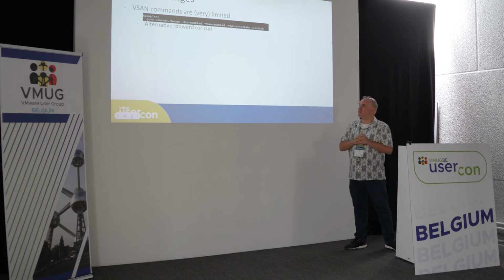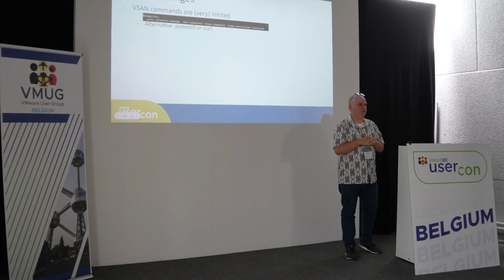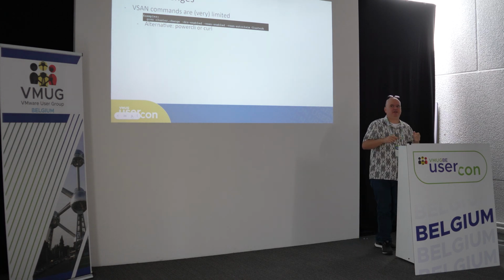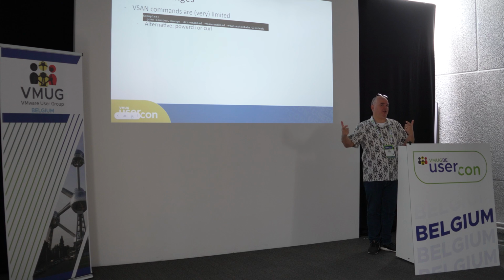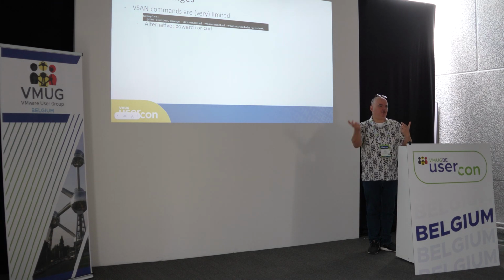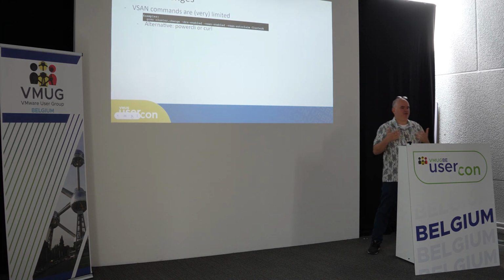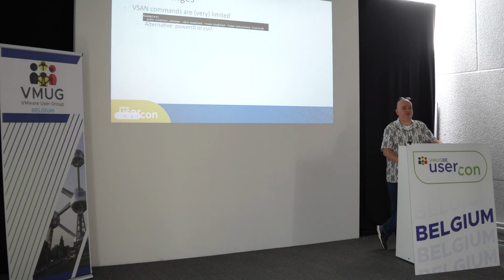The support of vSAN is very limited, today at least. Back in the day, they did add some vSAN features to enable it and then use autoclaim to put all the disks. But autoclaim has been removed from vSAN. That's not recommended anymore. So they haven't done anything else in there. Alternatively, you can use PowerCLI, PowerShell, or just curl the API directly.